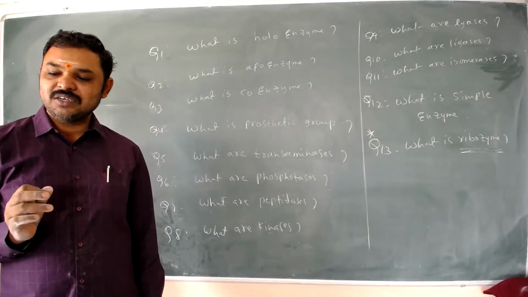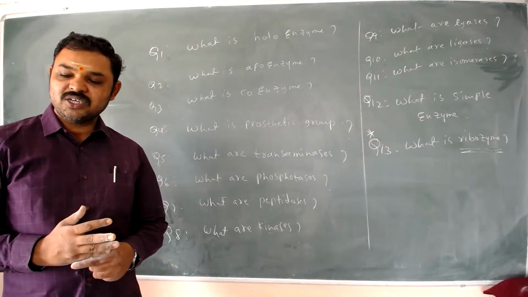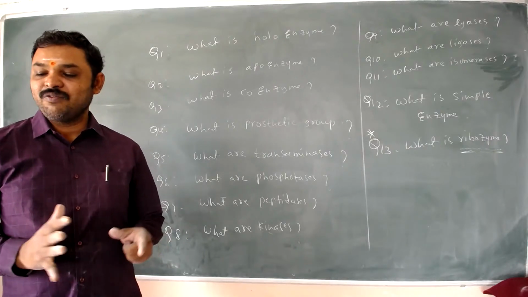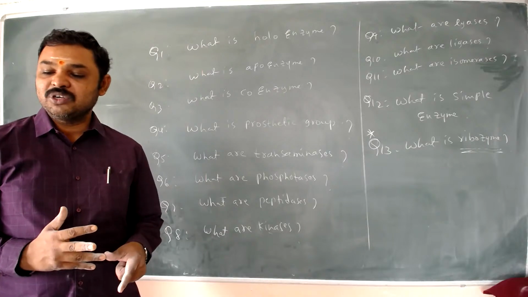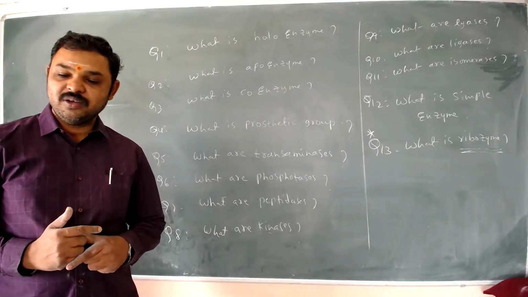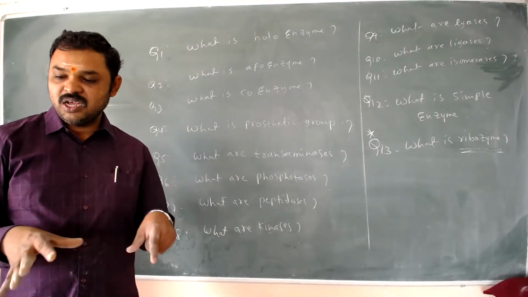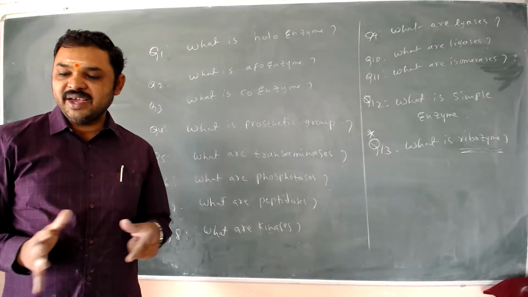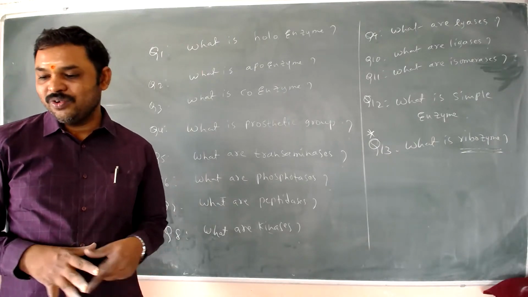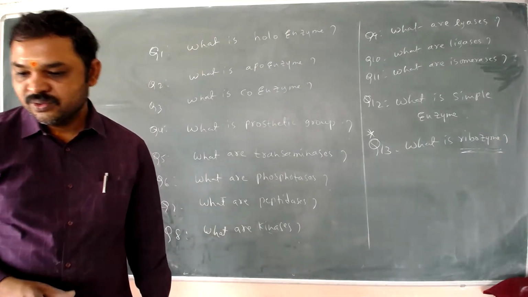One graph of activation energy and progression of reaction. And next, factors that influence enzyme action: competitive inhibitor, non-competitive inhibitor, allosteric modulation. These are your biomolecules information and living state as a dynamic state. Next class tomorrow we will discuss. Okay, thank you one and all.